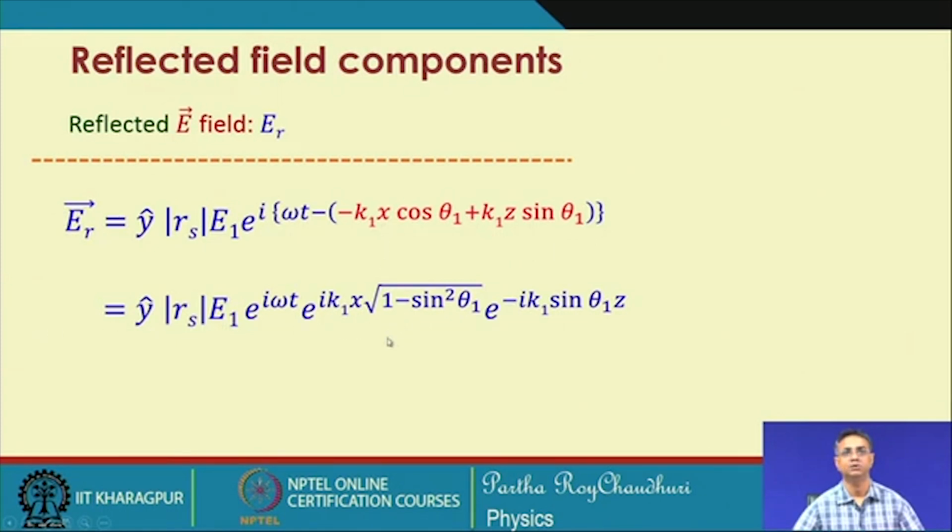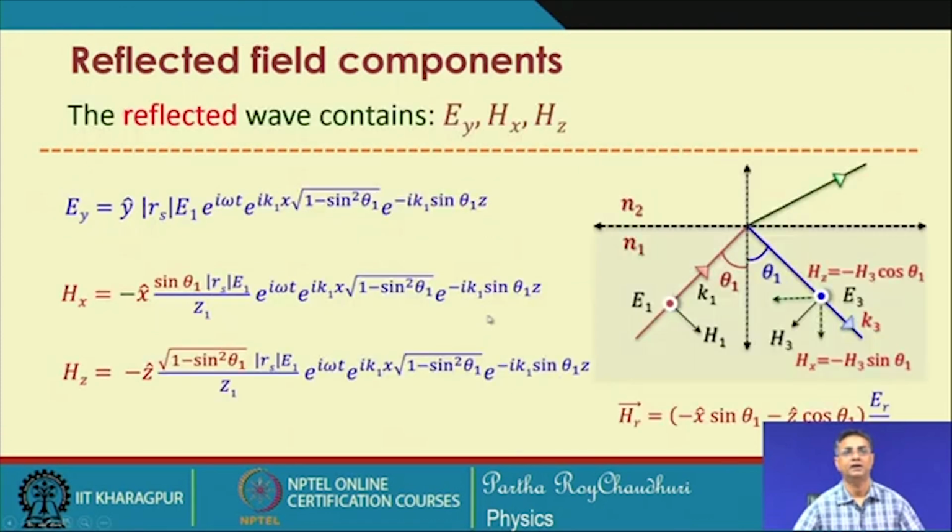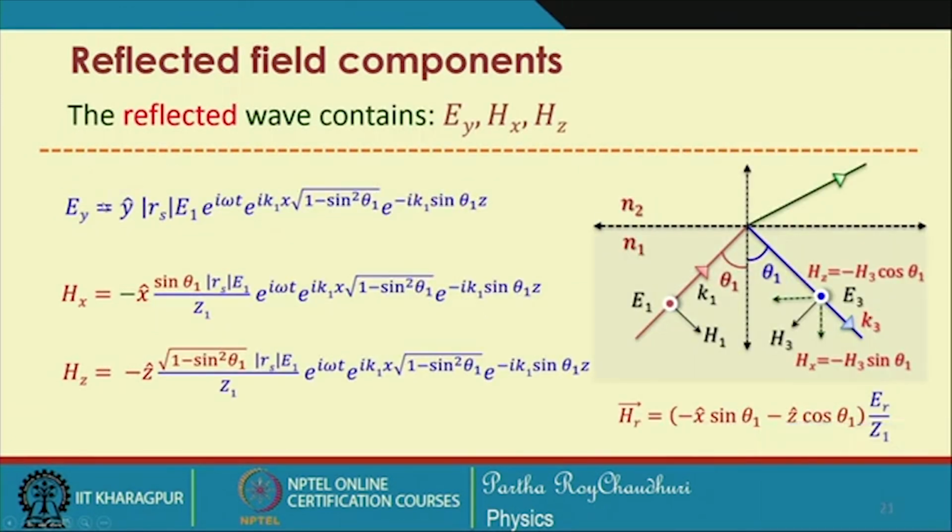If you just open up the bracket, you can write the individual components of the phase due to x, due to time and due to z, and in this way you can complete all the components of the electric field and magnetic field in the reflected wave.